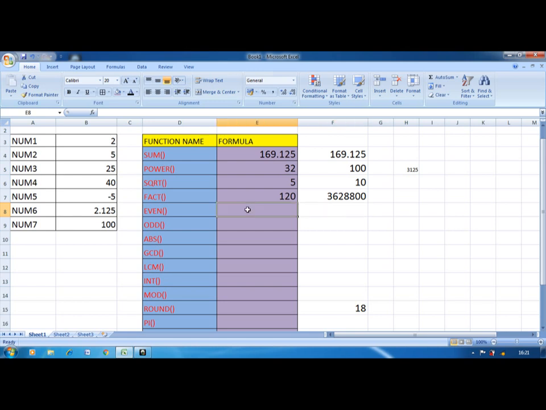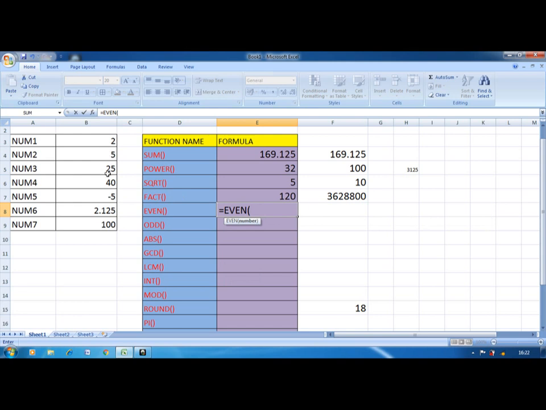Next one is EVEN. This function is used to find the nearest even number. I think all of you know even and odd numbers. Even numbers are like 2, 4, 6, 8, 10, and odd numbers are like 1, 3, 5, 7, 9, 11, etc. So equal to EVEN. Here inside the bracket you can write an odd number.